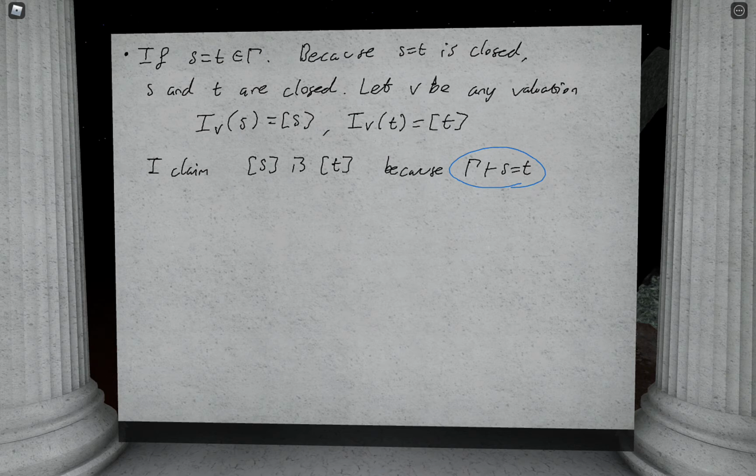If some relation holds between two things, then if you take the classes of which those things are representatives, they have to be the same thing. That's just a property of equivalence relations.